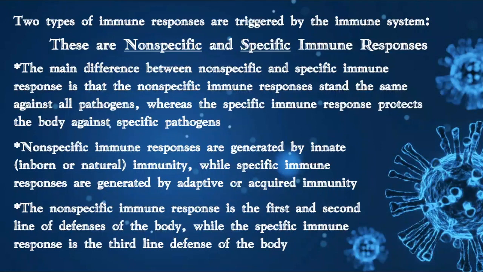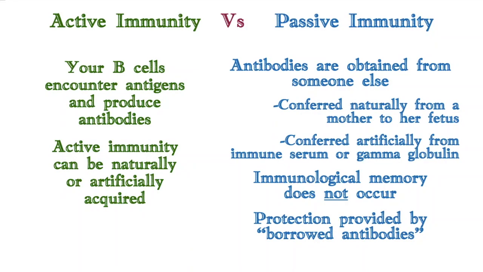While specific immune responses are going to protect the body against a specific type of virus or bacteria, specific immune responses are generally going to be adaptive or acquired immunity. And we'll talk about what acquired is in just a little bit. We have active immunity. This is where you're going to have your B cells encounter certain antigens and they're going to produce antibodies. Active immunity is usually natural or artificial, and we'll talk about that in a little bit.